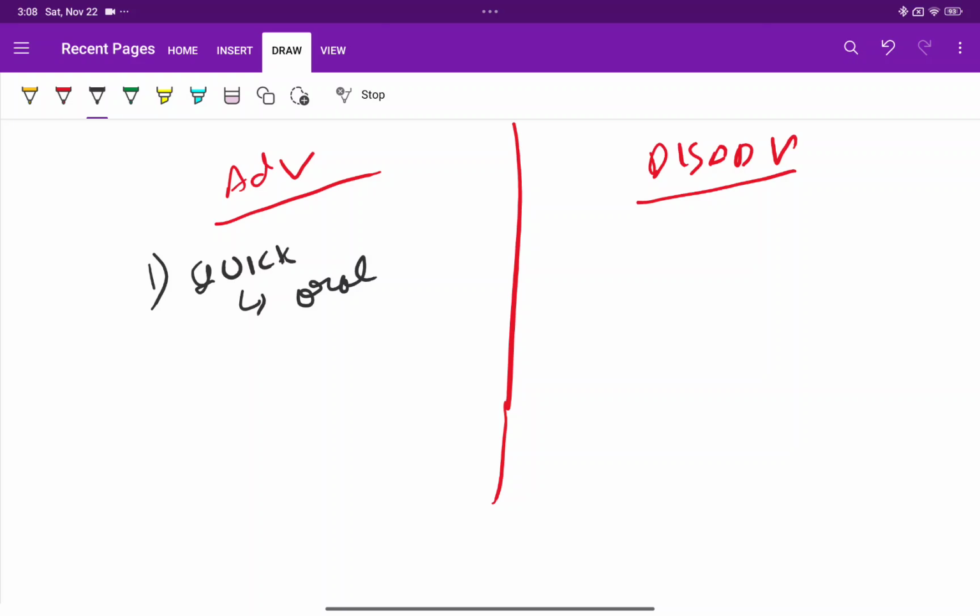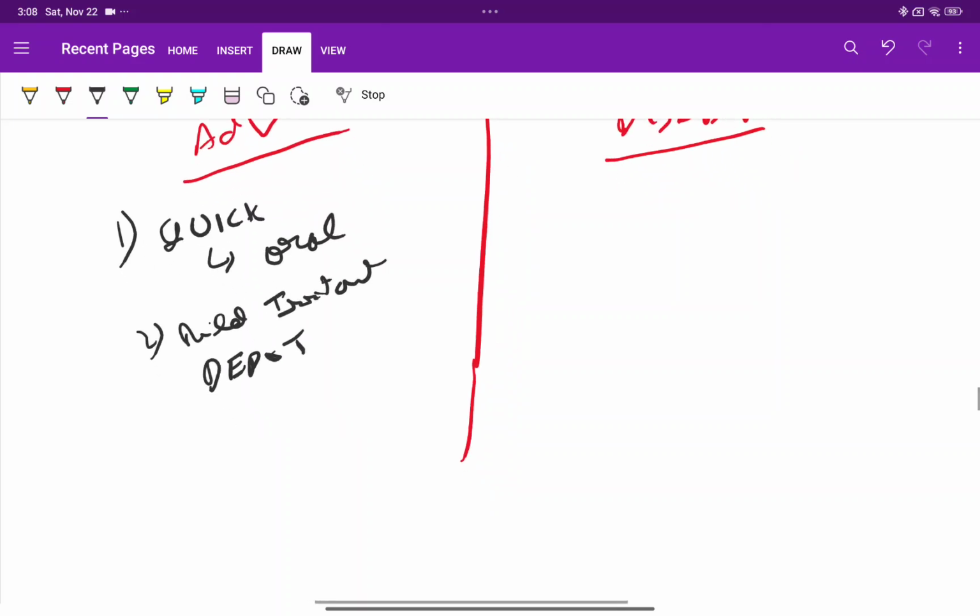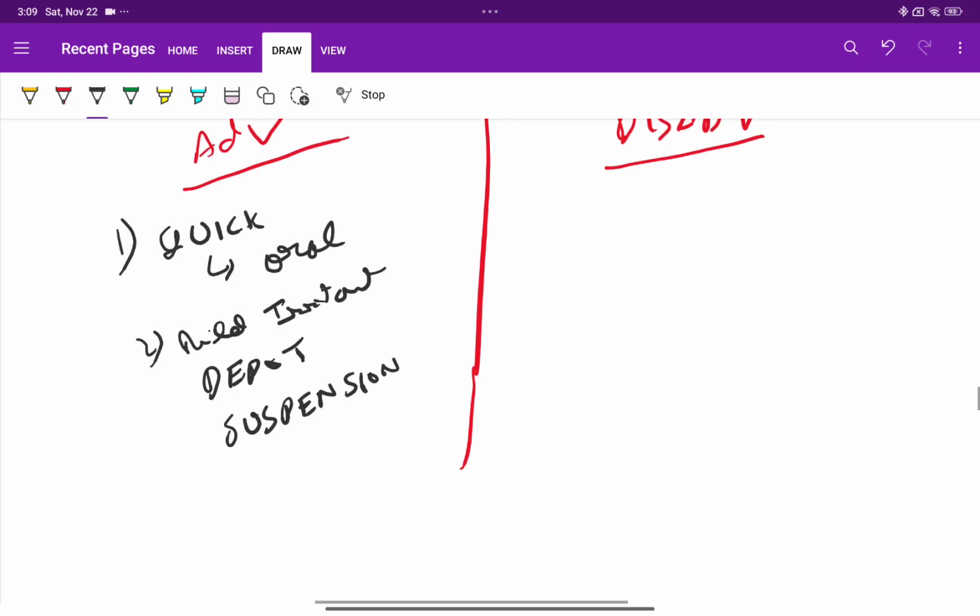Then we can give mild irritant drugs, depot injections, and suspension injections through the intramuscular route.